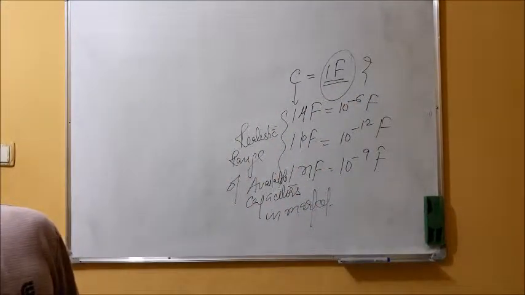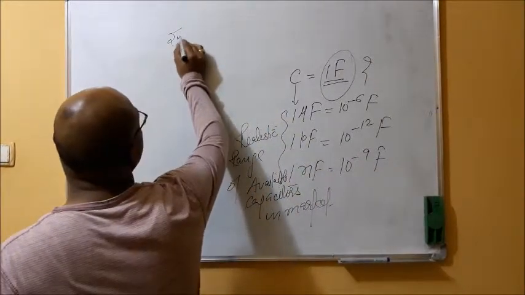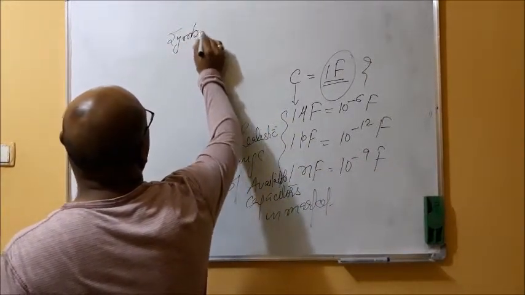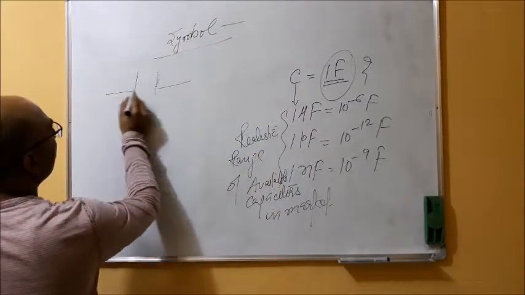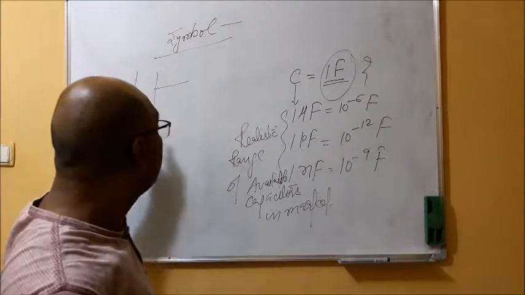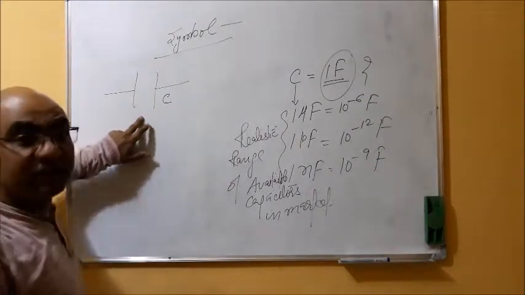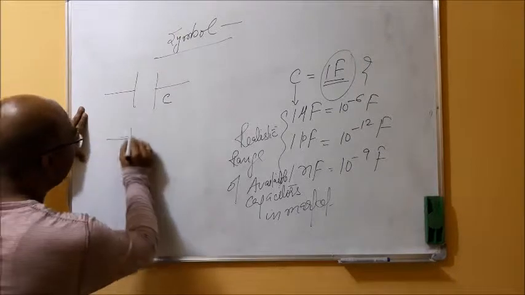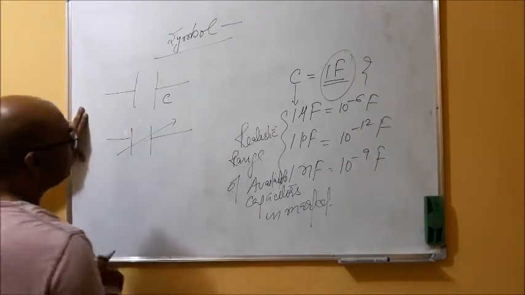Also, if we talk about the symbol of a capacitor, the capacitor is normally denoted by this symbol. This is the representation of any capacitor. If the value of capacitance is variable, we denote it like this.